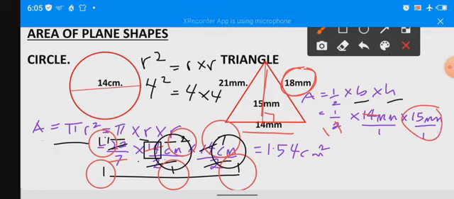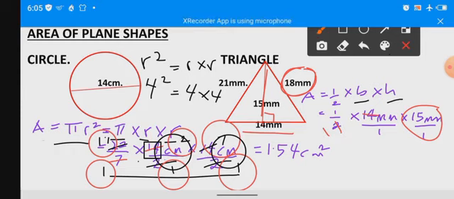After substitution, we carry out the necessary operation. What operations do we have here? Multiplication, but also division, because this is 1 over 2, which means 1 divided by 2.